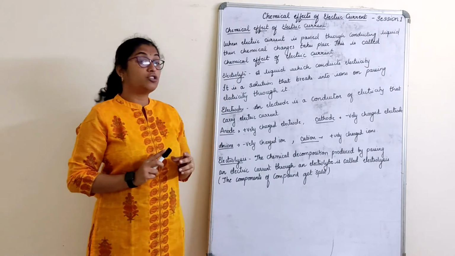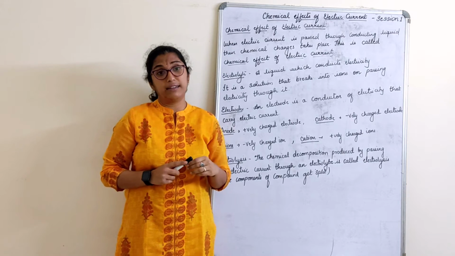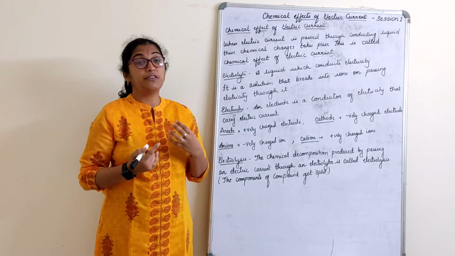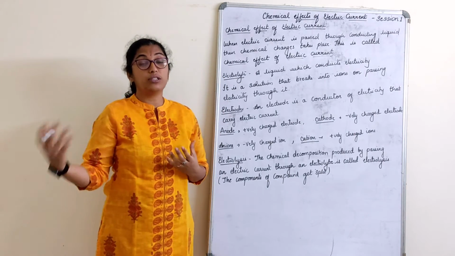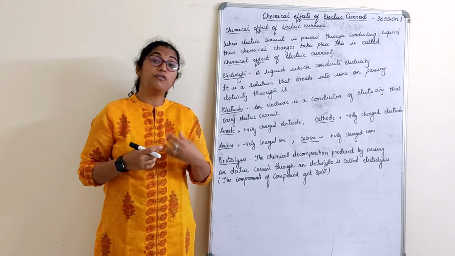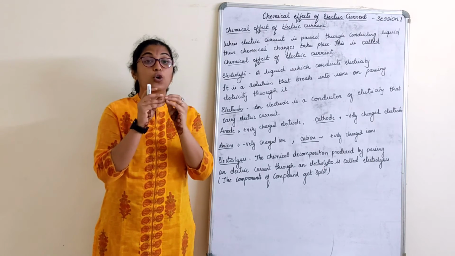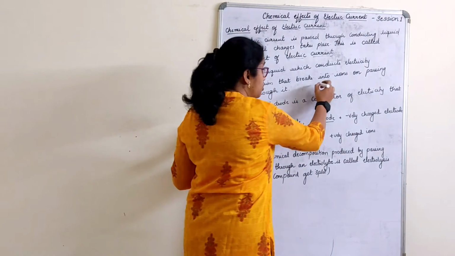Applications of the chemical effect of electric current you actually study in higher classes, that is how water decomposes with the chemical effect of electric current into hydrogen and oxygen through a process of electrolysis. Some chemical changes happen which decompose the water. Now what does water consist of?